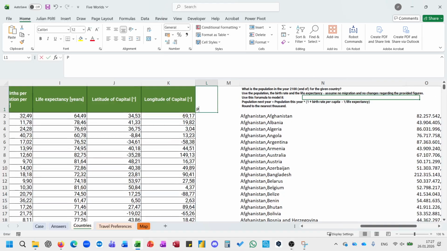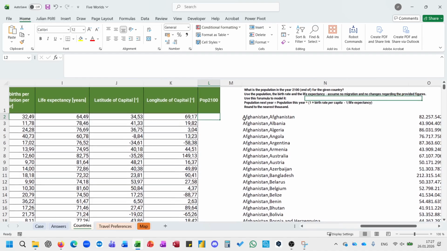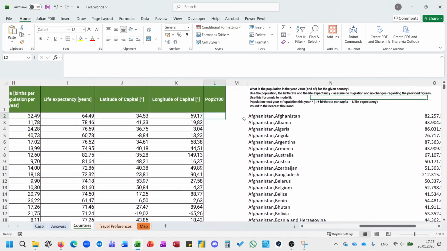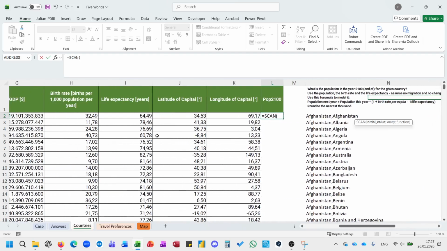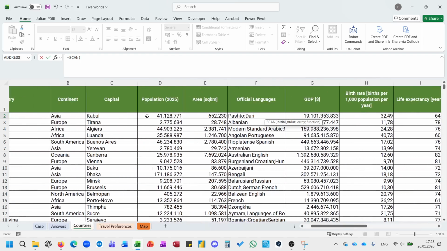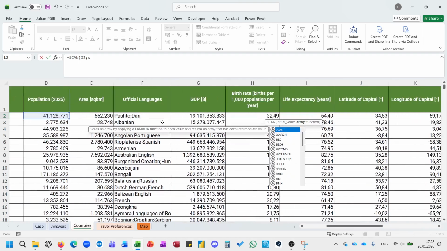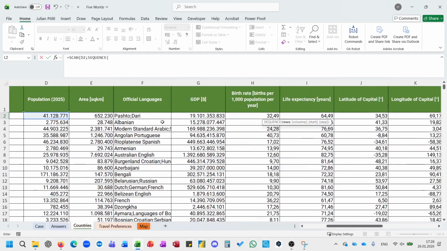So population 2100. Either you do this mathematically, or else I do this with recursion by using the scan function. The initial value is the population in 2025. Then we want to have this from 2025 to the end of 2100, so for 75 years.